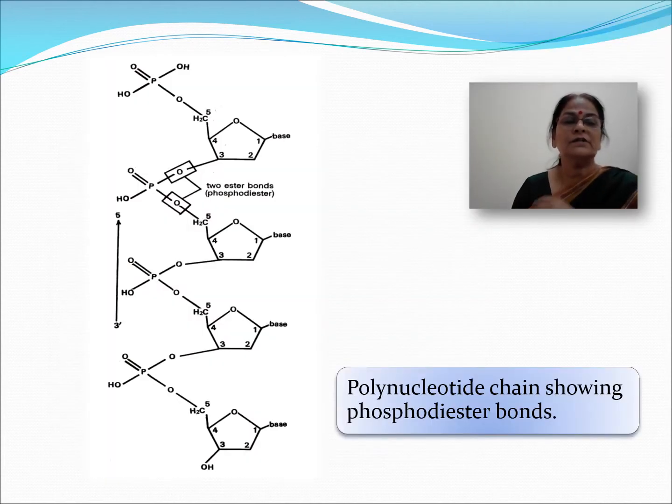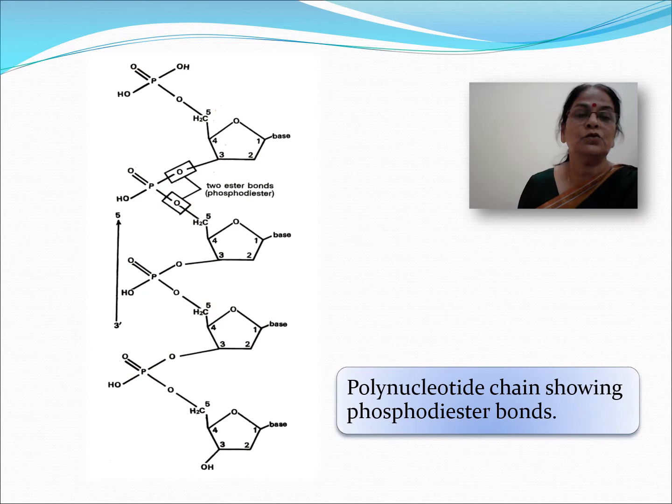Now, how are these diester bonds formed? This is pentose sugar in the DNA. The hydroxyl group of the third carbon forms an ester linkage with the OH group of this phosphoric acid. The second OH group forms an ester linkage with the OH group of this fifth carbon.